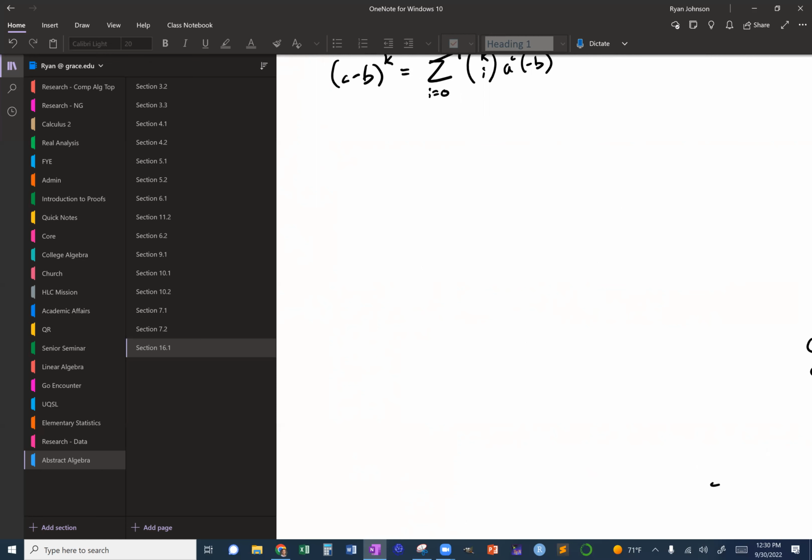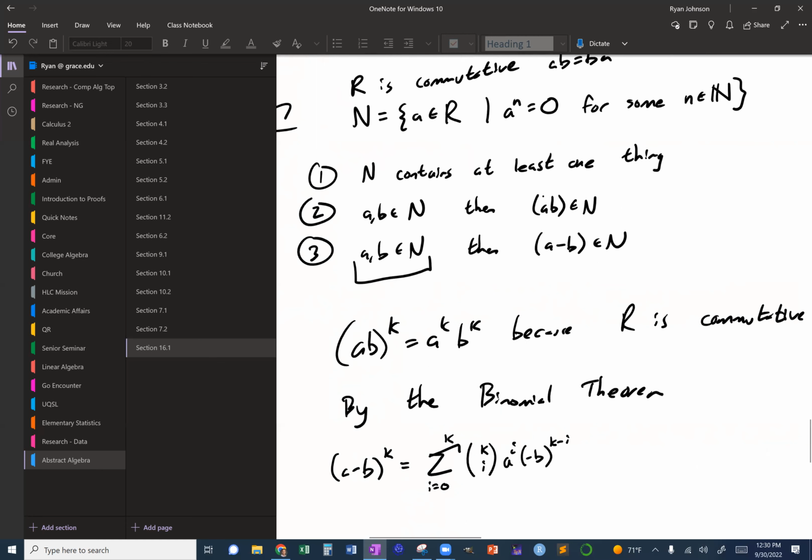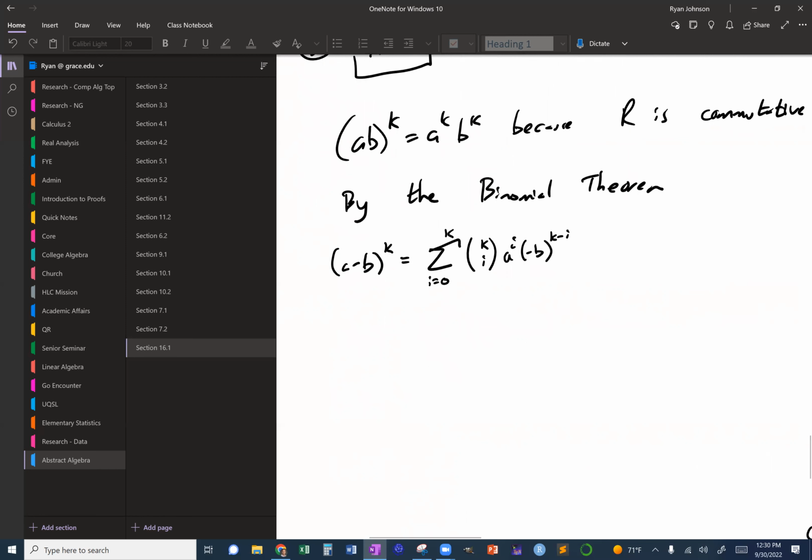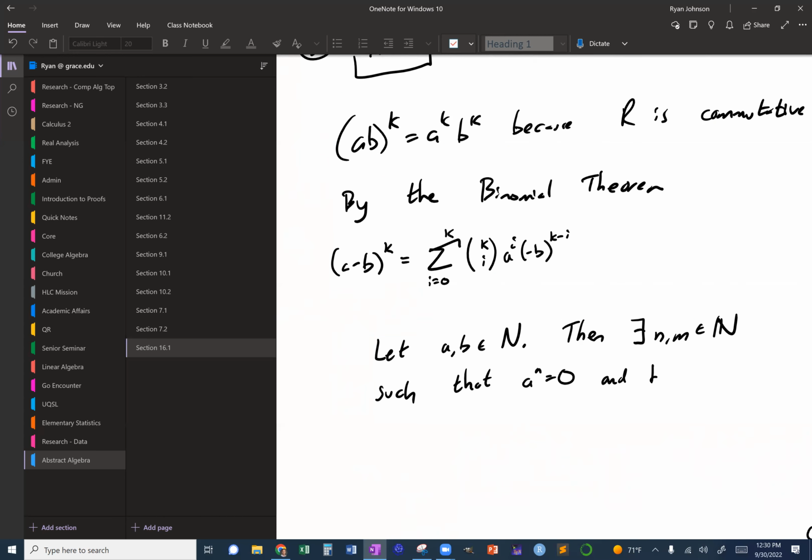When you say in your proof, let A and B be nilpotent elements, the next thing you say is then there exist N and M in the natural numbers such that A to the N equals 0 and B to the M equals 0. That's what it means to be nilpotent.